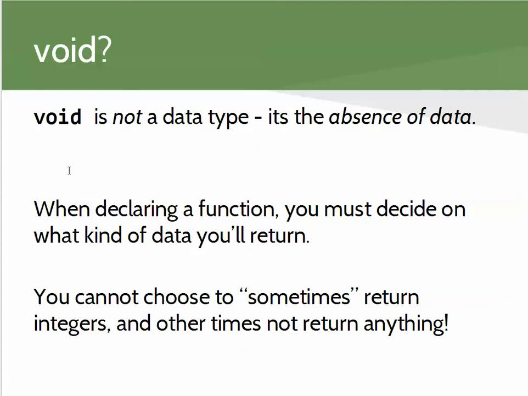And I'm talking about within the context of one single function. Certainly you can write one function that returns an integer, and a different function that returns nothing or returns a character. But the same function can't have an if statement in it and choose, well, under this condition I'll return an int, and under this condition I'll return nothing. In C++, functions must return a well-known and understood type every time that it's called.